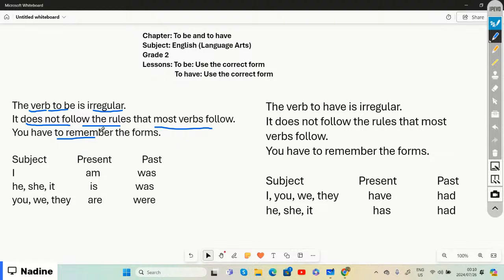All right. So, we're first going to focus on the verb to be. And we say that the verb to be is irregular. Remember, with it being irregular, it doesn't follow any rules that most verbs do. You're just gonna have to remember the forms.